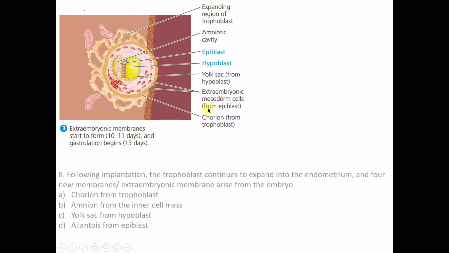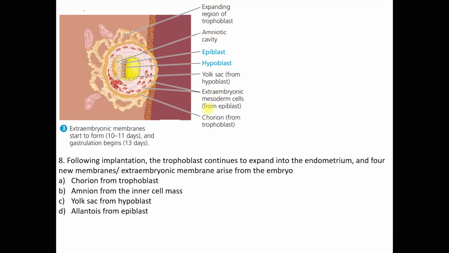Next, the trophoblast will continue to expand into the endometrium, right, and four new membranes, or extraembryonic membranes, will arise from the embryo.